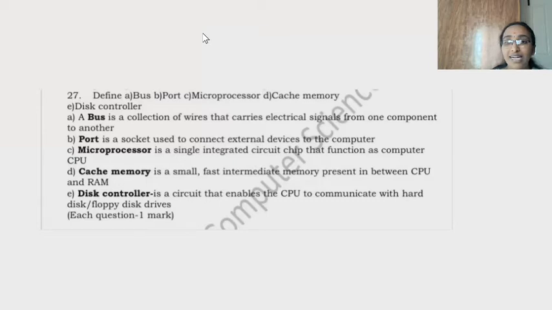We have three types of memory: primary memory, secondary memory, and cache memory. It is faster than primary and secondary memory, and it is placed between the CPU and the RAM.